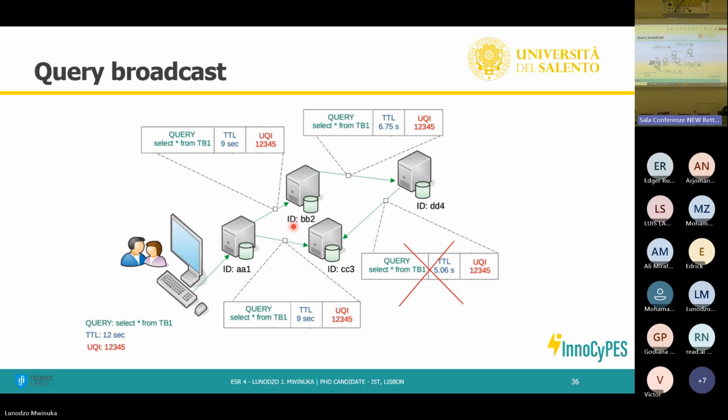Whenever we move from one peer to another, whenever we increase the hop, we need to reduce the time to live. Again, you can set a reduction factor. In our case, the reduction factor is 0.75. The reduction factor can also be different depending on how huge your system is, the number of peers that you have, or how far you want to go.